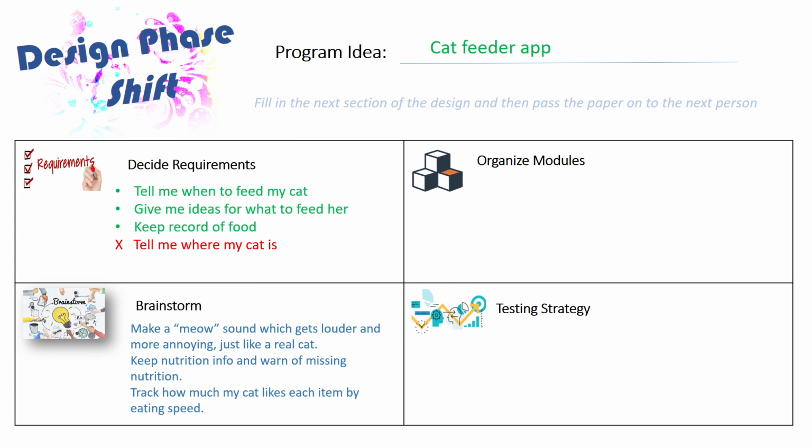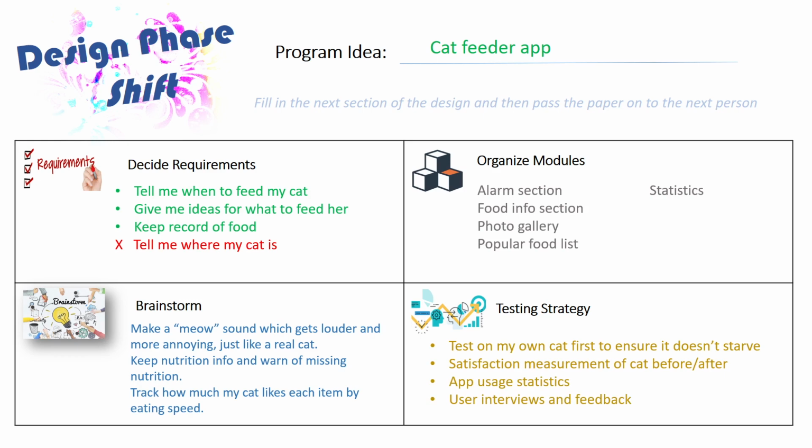This is where I can put all my great ideas: make a meow sound, keep nutrition info, warn of missing nutrition, track how much my cat likes each item. Now I've got to organize the modules of that. So I should have an alarm section, a food info section, maybe a photo gallery, popular food, and statistics. So these are the modules that I'm going to start thinking about for the different pieces of my thing.